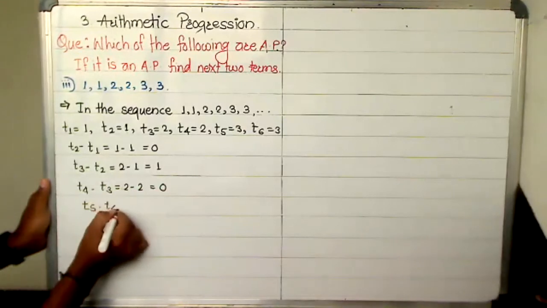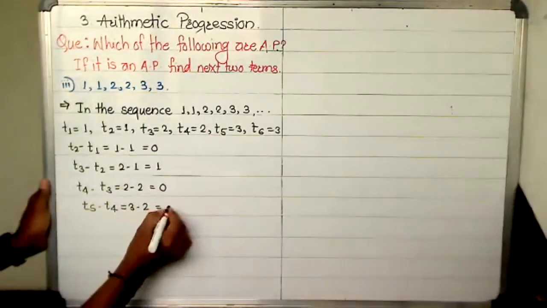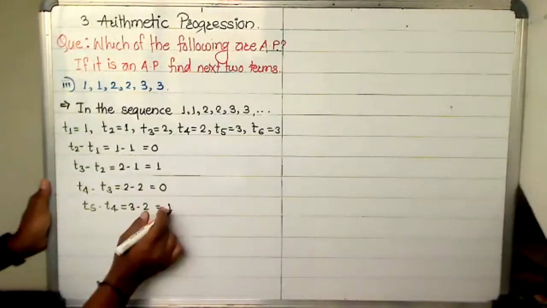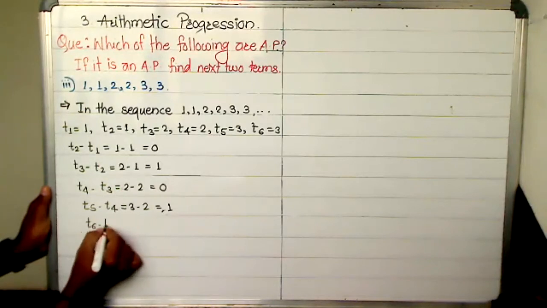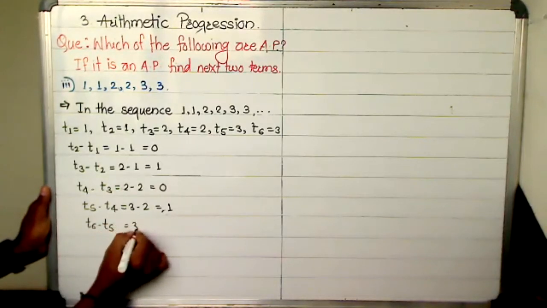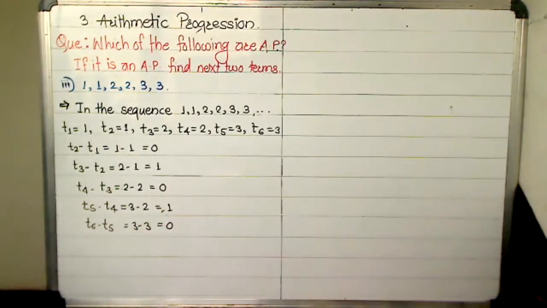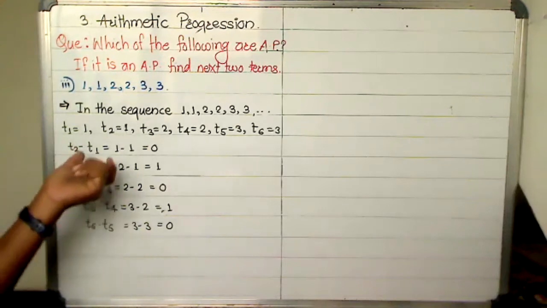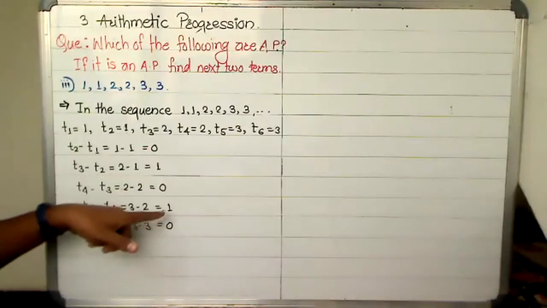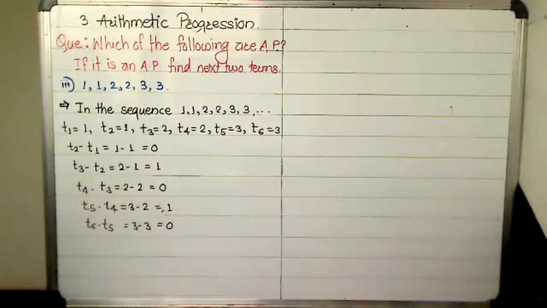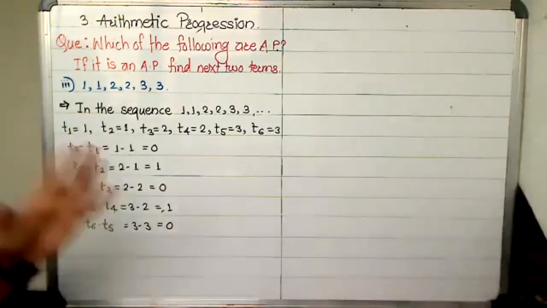T5 minus T4, the value of T5 is 3 and T4 is 2, so it is 3 minus 2, which is 1. Again, T6 minus T5 is 3 minus 3, which is 0. If you observe, the differences between two consecutive numbers are 0, 1, 0, 1, 0, like that. So here the difference between two consecutive numbers is not the same.